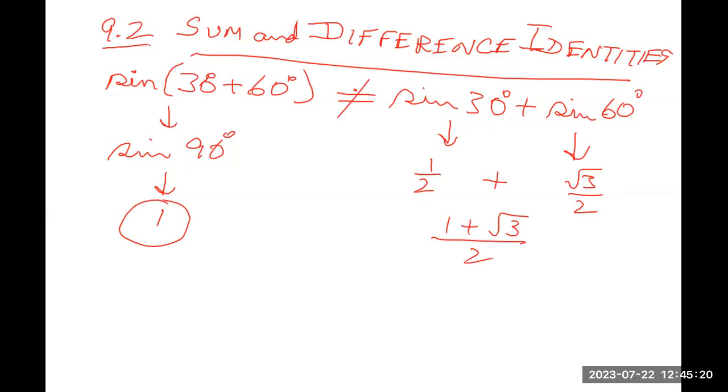So there are 6 trigonometric identities which tell us how to work with sums and also differences of angles. The first identity is if you have a cosine of a sum of two angles, alpha and beta.